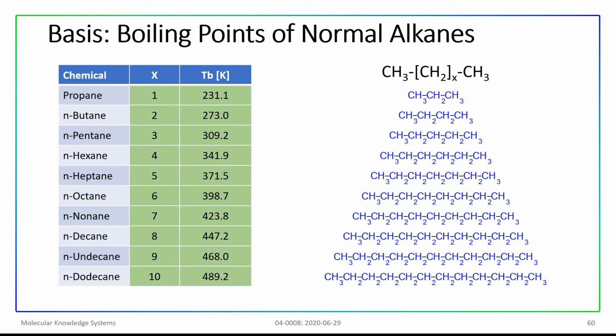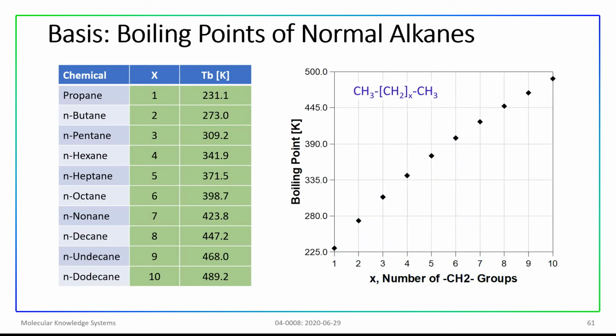To examine the relationship between x, the number of CH2 groups, and the boiling point, we can plot the number of CH2 groups on the x-axis and the boiling point on the y-axis. The points for the normal alkanes, propane, butane, pentane, through dodecane, form a smooth curve.